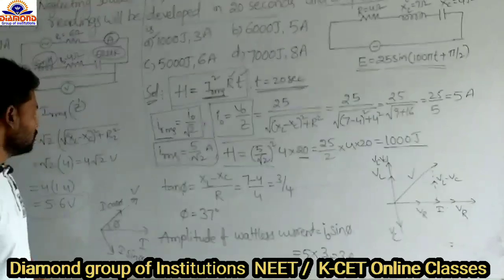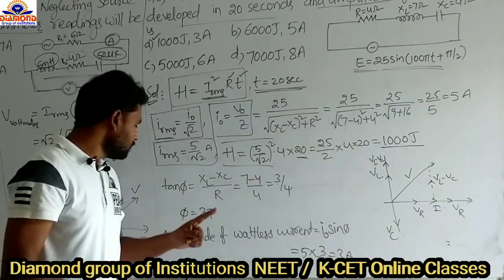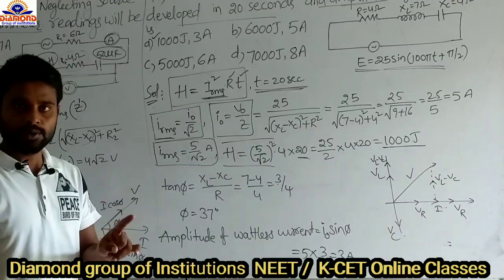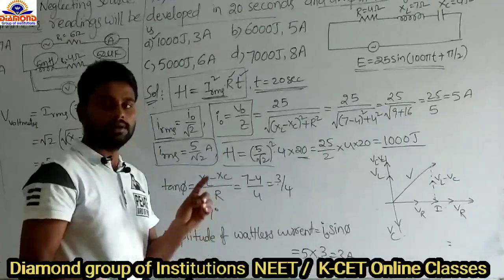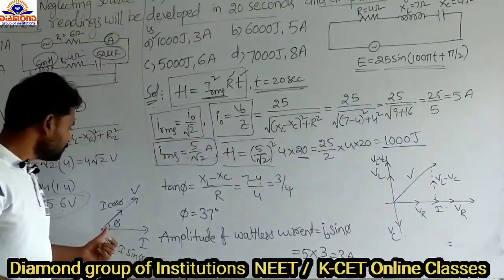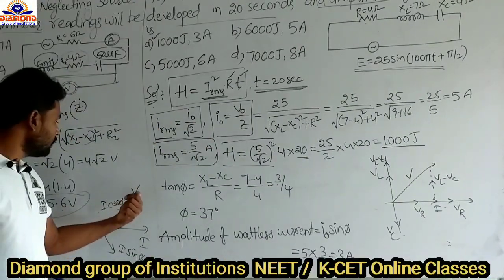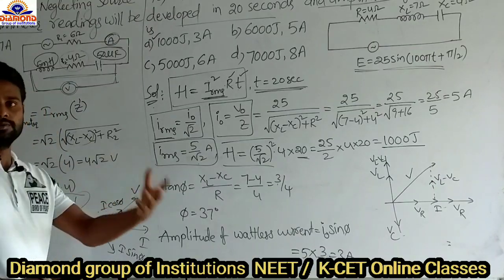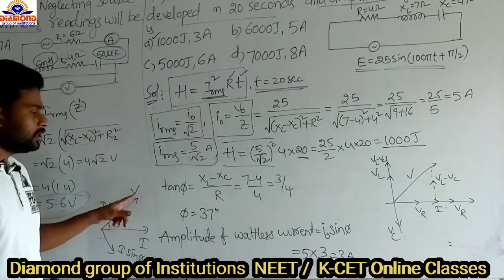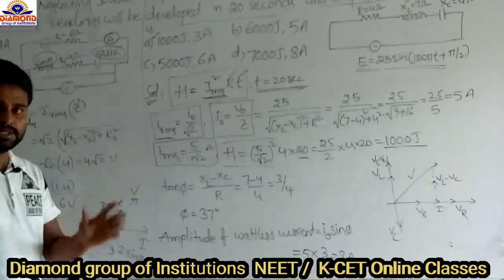So remember, if the phase difference between the voltage and the current is pi by 2, then it should not consume any power. And if the phase difference between the voltage and the current is 0, it will consume power. That's why in resistors the current and the voltage are in the same phase, so power consumption is maximum.